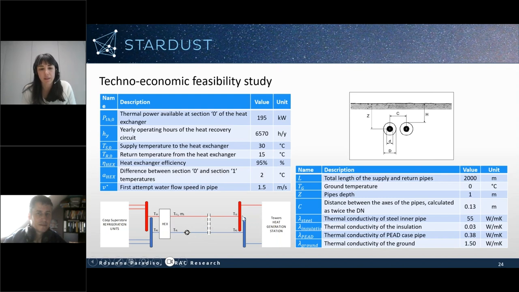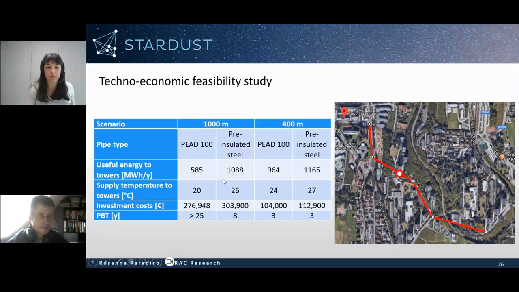And here at the delivery, at the hot collector close to the tower generation station, in the case of pre-insulated steel pipes, there is a temperature of 26 Celsius degrees. In the case of PAD, the water is delivered at 20 degrees.